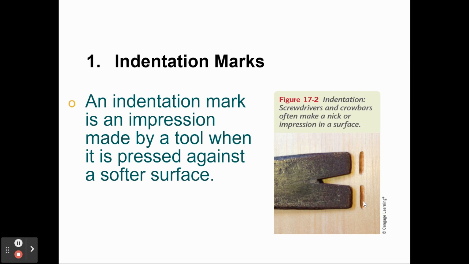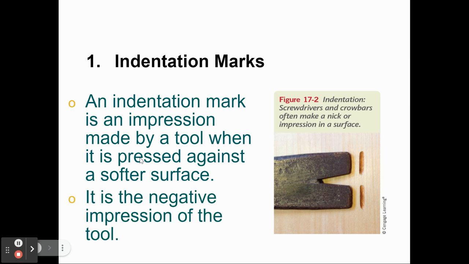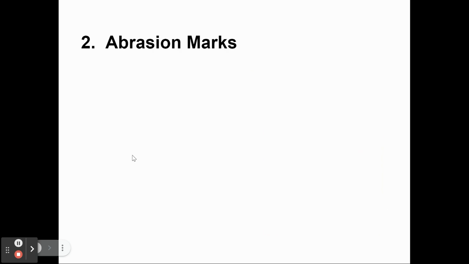Any other unique features that might show up will help to identify or individualize these marks to a particular tool, or vice versa, the tool to these particular marks. So the important thing to remember about these indentations, they are the negative impression of the tool. Right. So eventually, if you need to make an impression of them, you can do that.